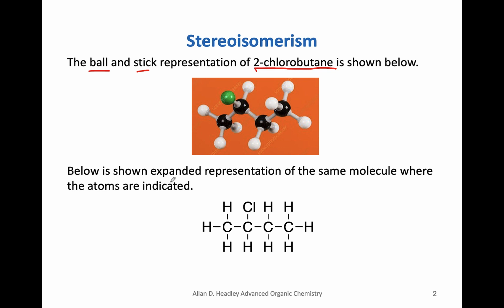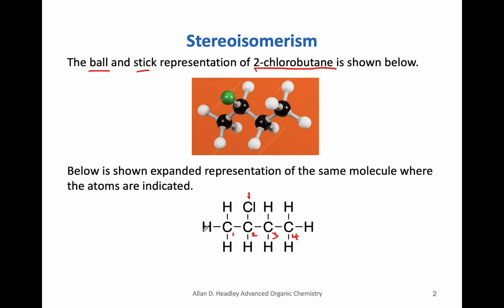Another representation that we often use in organic chemistry is the expanded structure. So here is a carbon, here's another carbon, 4 carbons, and the chlorine here is on carbon number 2. So of course that's why it's called 2-chlorobutane.